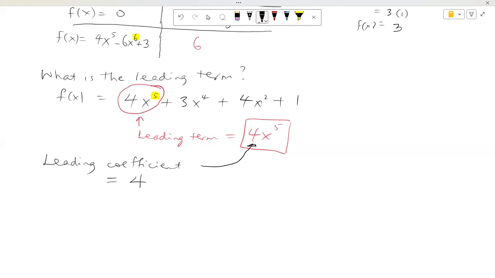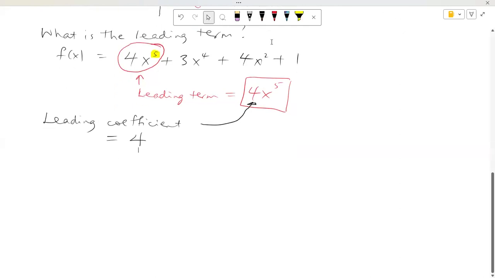So I want us to look at another example of how to find the degree of a polynomial. This time we're going to have more than one variable in it. Okay, so let's look at this example. Let's just name a function.